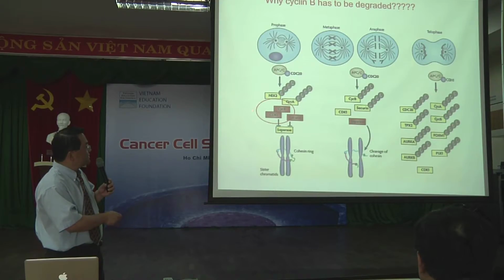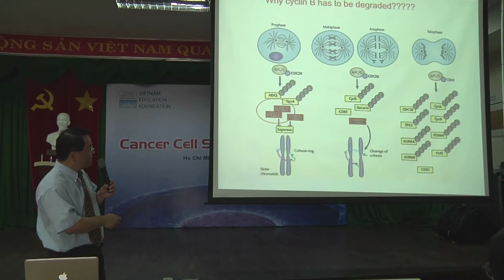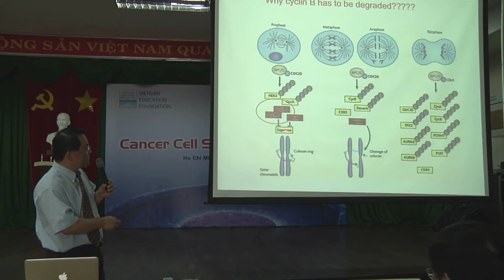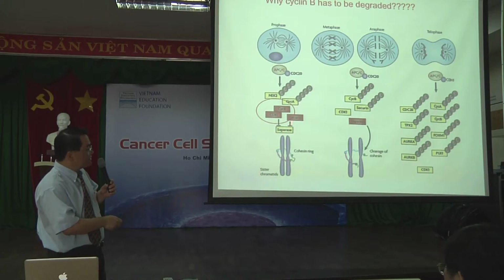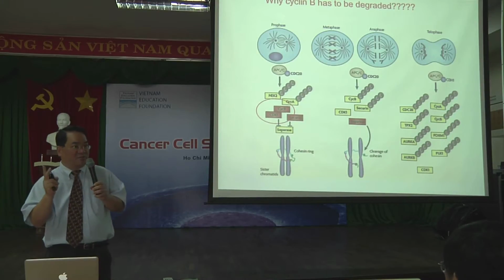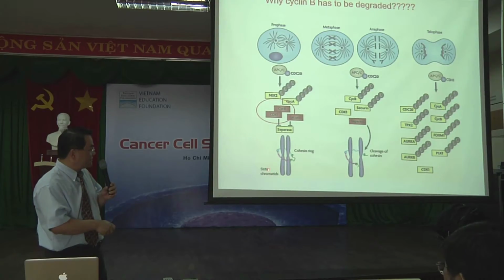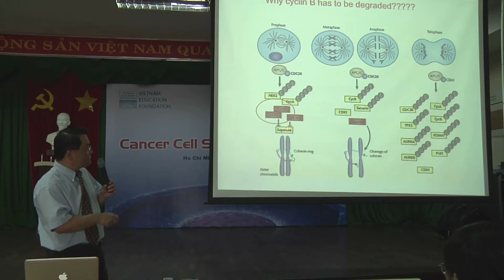But at this moment, cyclin B is not degraded yet, okay? And the cyclin B and CDK have the capability to inhibit the separase. The securin does the same job. It's a cohesin ring to keep the two sister chromatids together, okay? They won't allow it to separate.